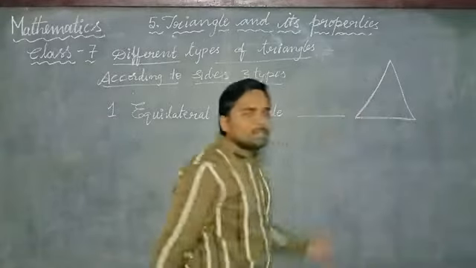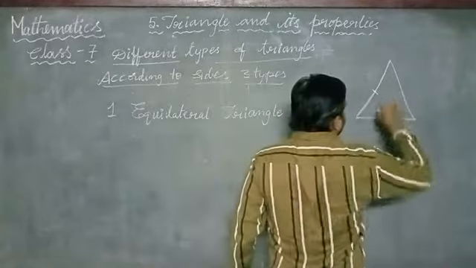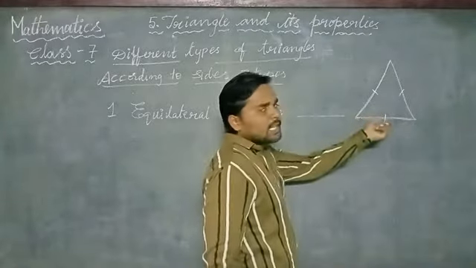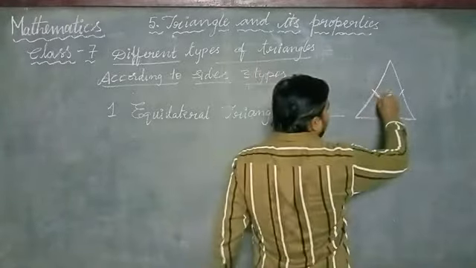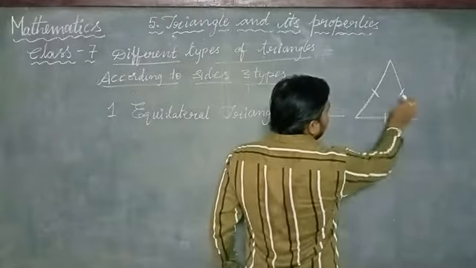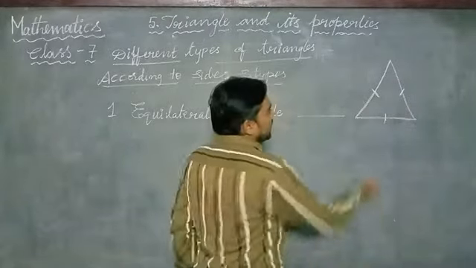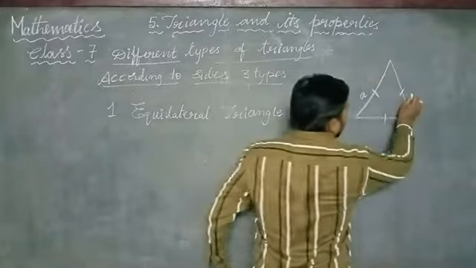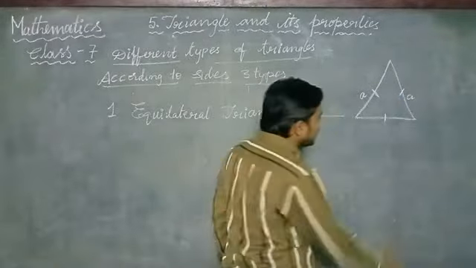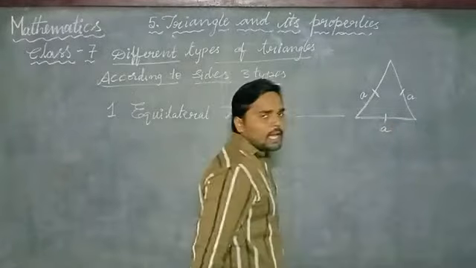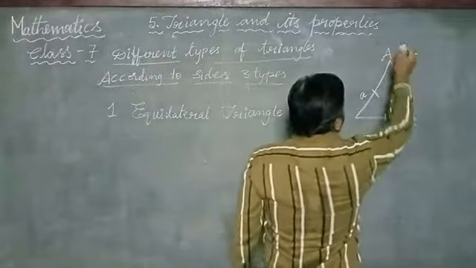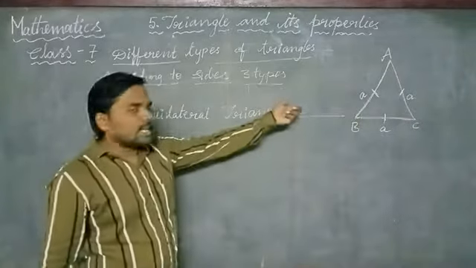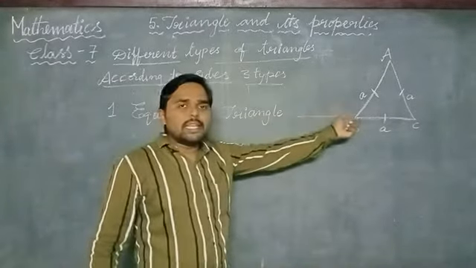Generally, it is represented like this. With these notations, we can represent the equilateral triangle. These marks represent that these are all equal sides. This side has a centimeters, this side also has a centimeters, and this side also has a centimeters. ABC is the triangle, and it is showing the equilateral triangle.